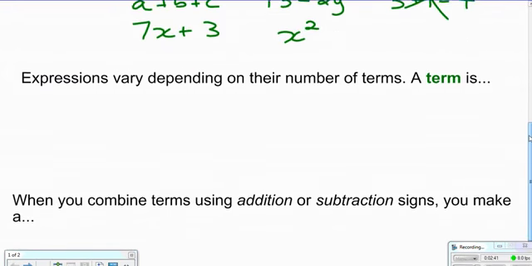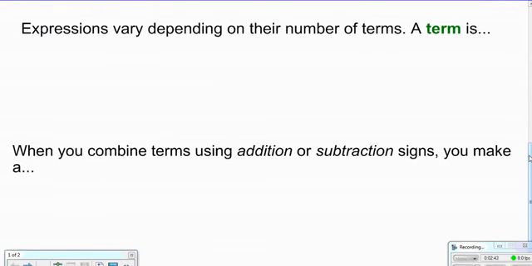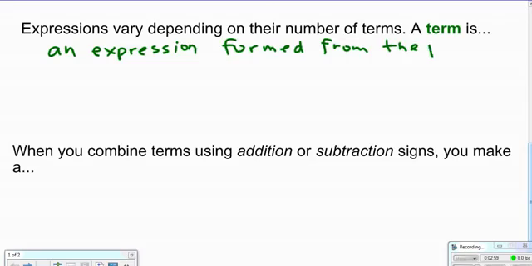So when we're looking at expressions, we can classify them depending on their number of terms. And a term is an expression. I know we're using the same word over again. But it's an expression formed from the product. Remember, when we're saying product, we're meaning multiplying.